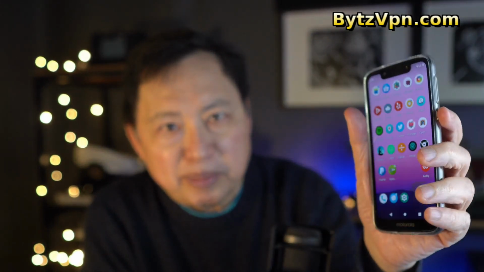How much are these? This one here is $249. This is a Moto G7 Play, and then there's a larger phone called a Moto G7, and that's $299. So they're flying. I can't buy them fast enough. I spend a lot of money.